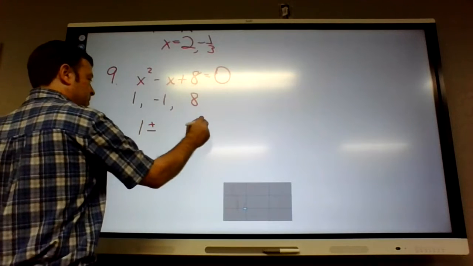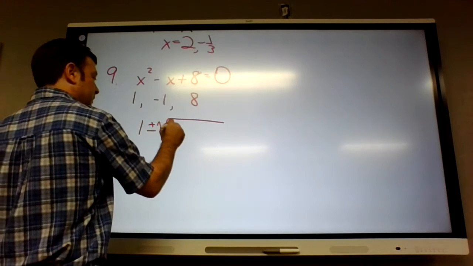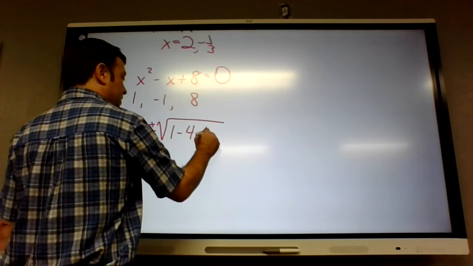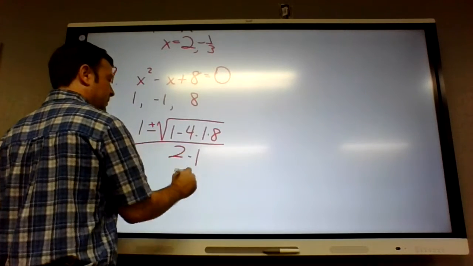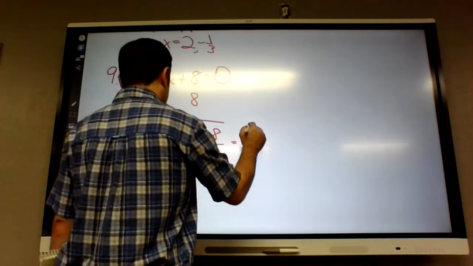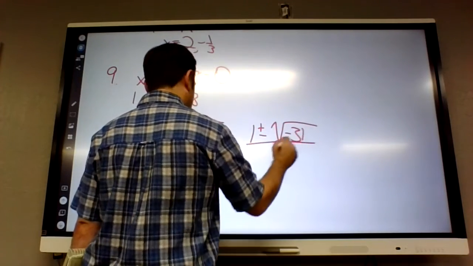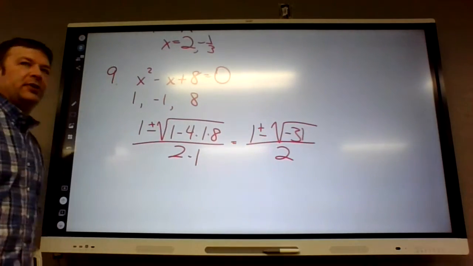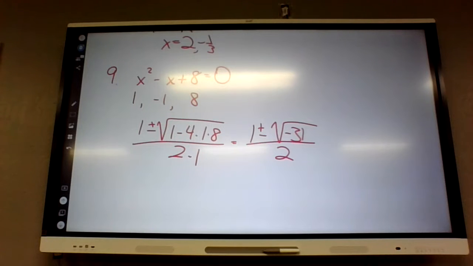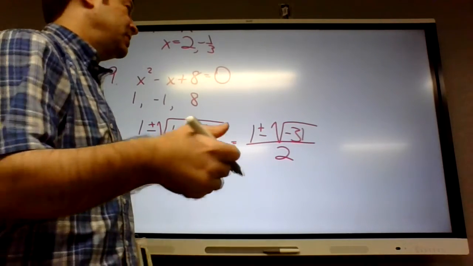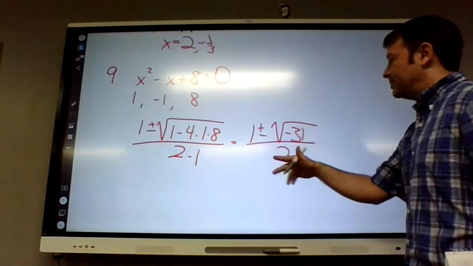Negative b plus or minus square root of b squared minus 4ac over 2a. Alright, I got negative 31 in the square root. What does that tell us? It's not a real number. Which means there are no real zeros. So we don't actually have to simplify this or anything.